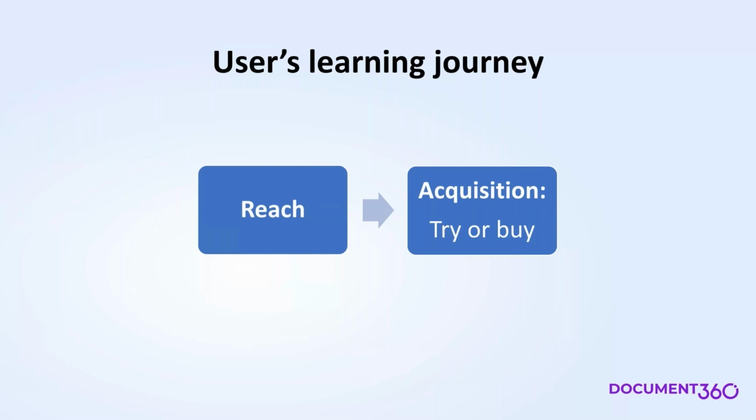So when I go onto the website and try to download the product, it will also ask me to fill in some information, maybe name, organization name, email ID, and so on, right? That is where I'm making a decision of trying and buying, and this is where it is important that the team is pitching the technical aspects, or how it is going to help the user as a product.